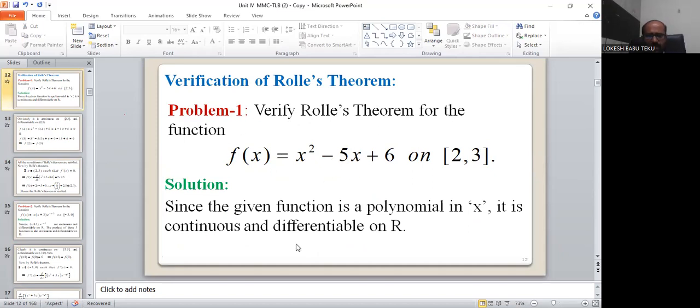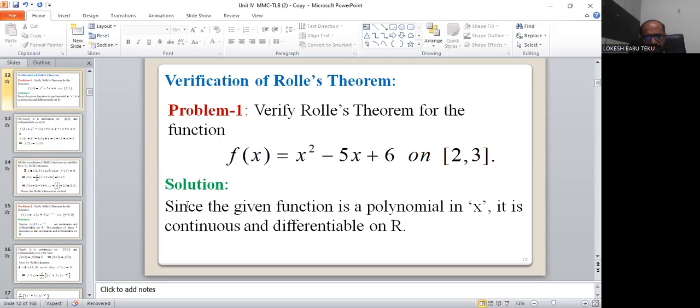Therefore, obviously, this is continuous and differentiable by Note 1, the previous slides. In that, we discussed every polynomial is continuous and differentiable. So this is a polynomial, so it is continuous and it is differentiable. Okay, so that is the first condition.